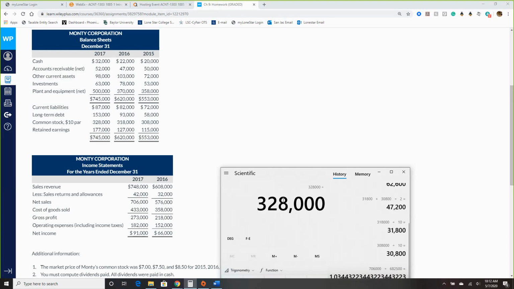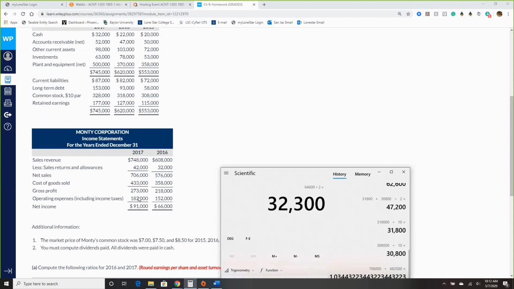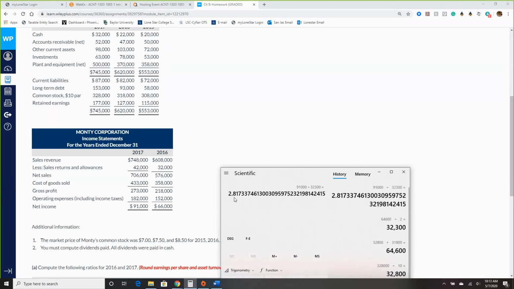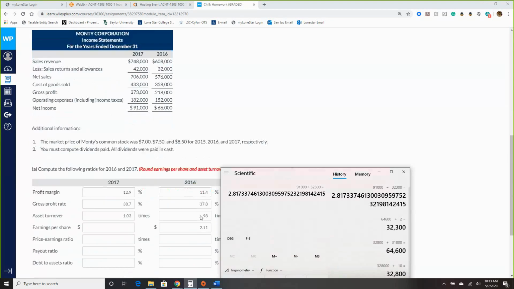We take our common stock and again divide by our par to find our shares, 32,800 plus our 2016, which was 31,800, divided by 2. There's our average. Remember that gets divided into net income. So 91 divided by 32,300. So 2.82.